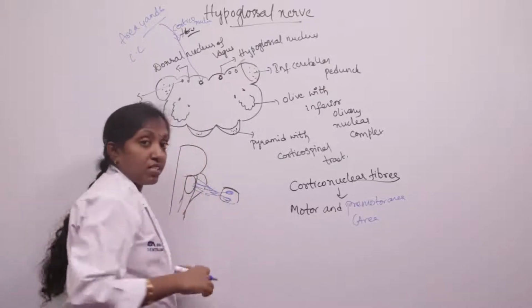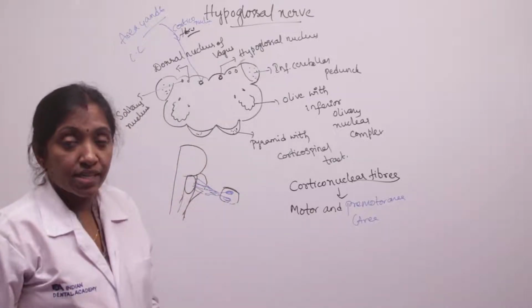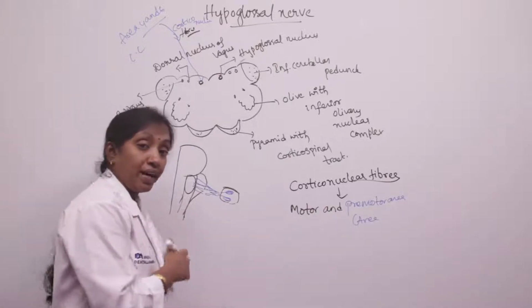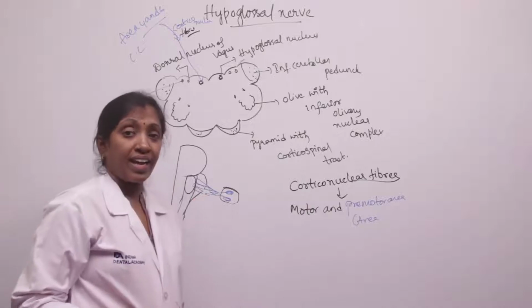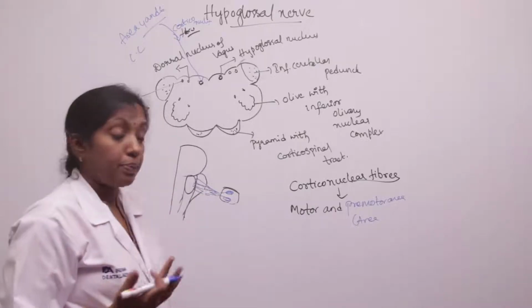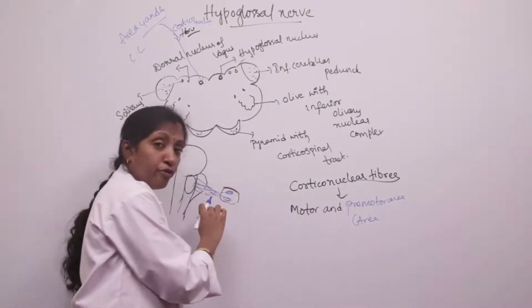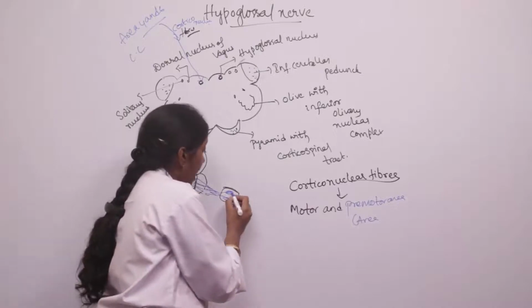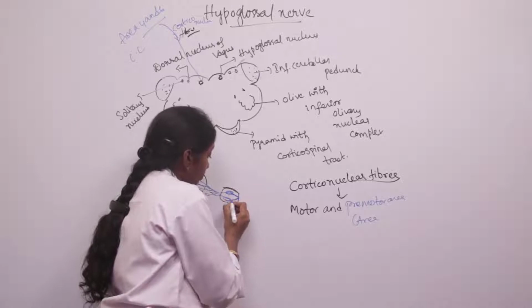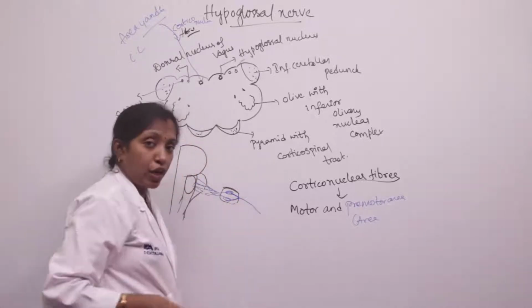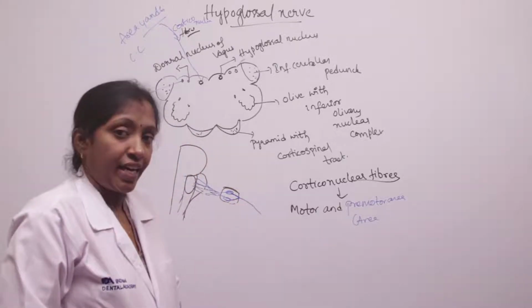In the lower part of the hypoglossal canal, these bundles unite and form the hypoglossal nerve.